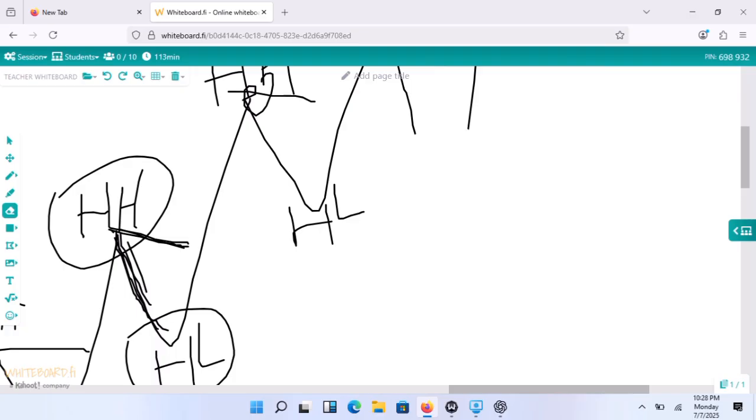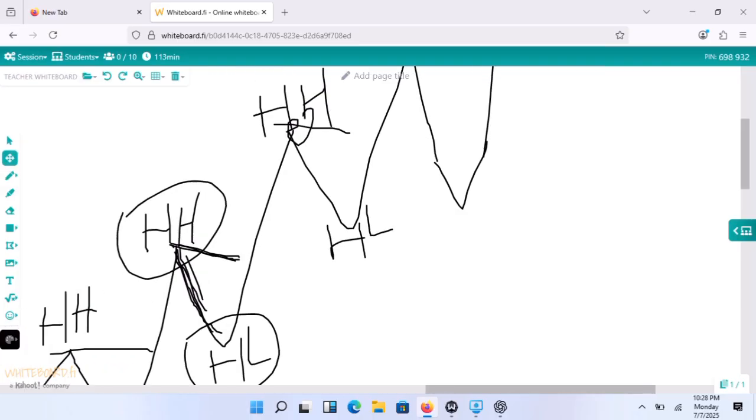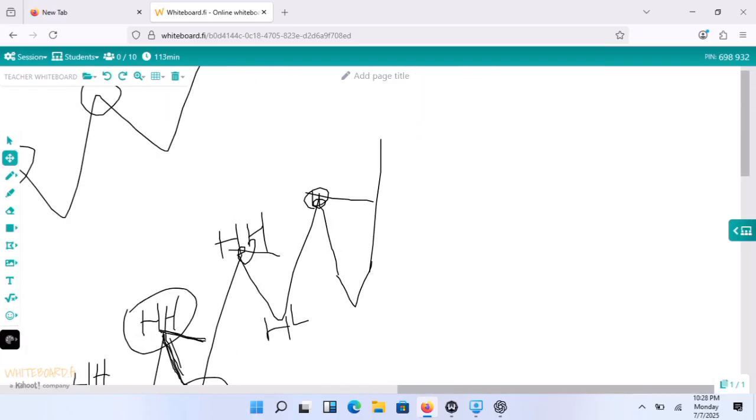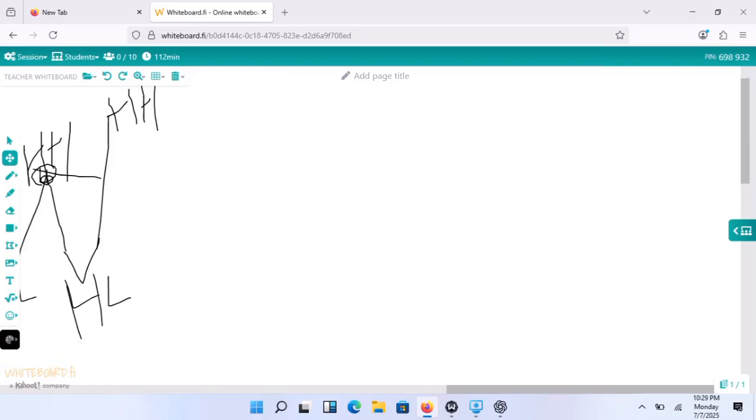So now it's like this. We have the higher high, we have the higher low. This place is the last higher high. That's the term we use for an uptrending market.